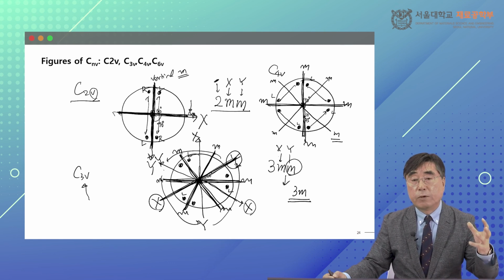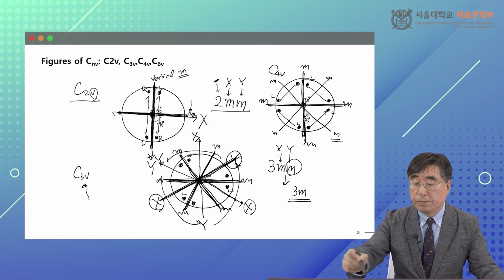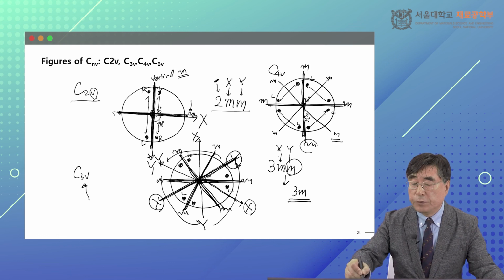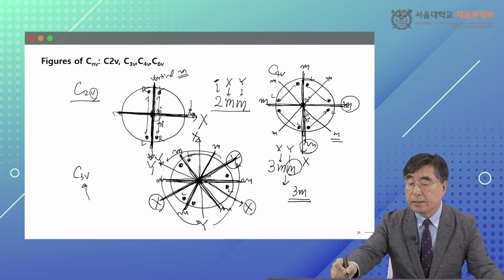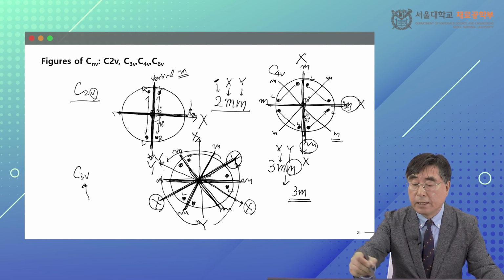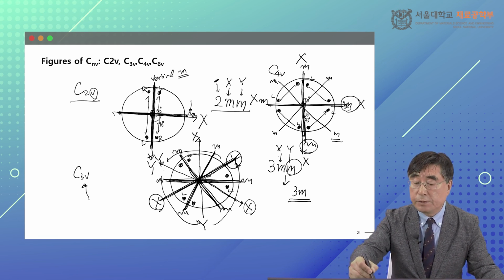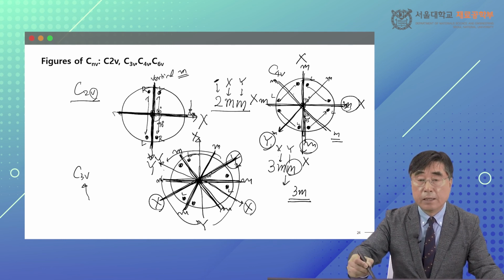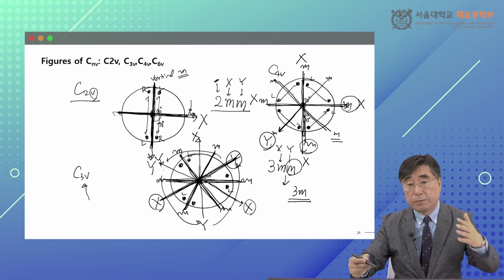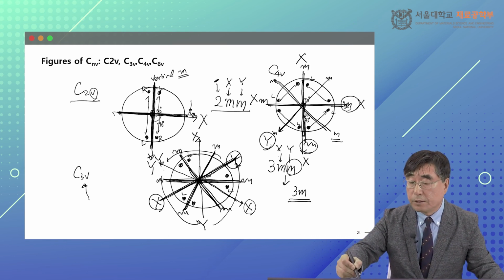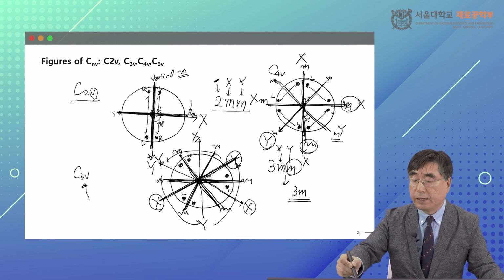Okay, international symbol-wise, how do we define it? International symbol-wise, we have to define this mirror plane. So I have to define this x-axis, this x-axis, this x-axis; the x-axis has a mirror plane. In order to define this mirror plane, I have to define this axis. This axis has a mirror plane. Always, a mirror plane is defined by the perpendicular axis.